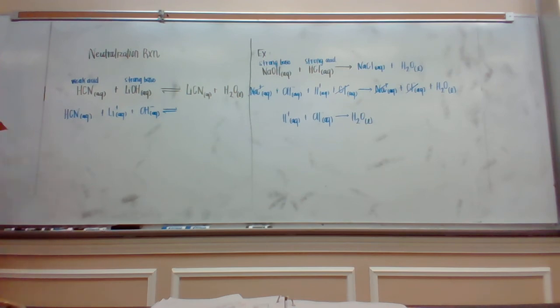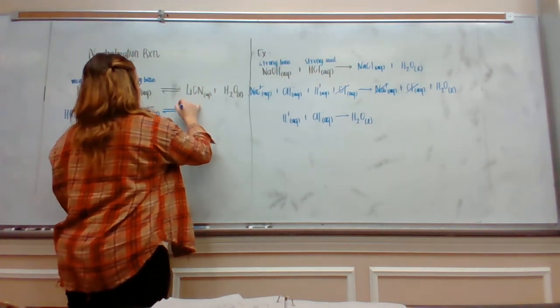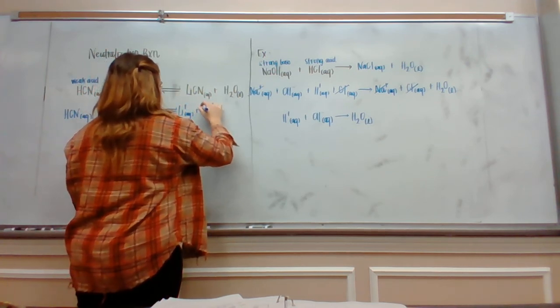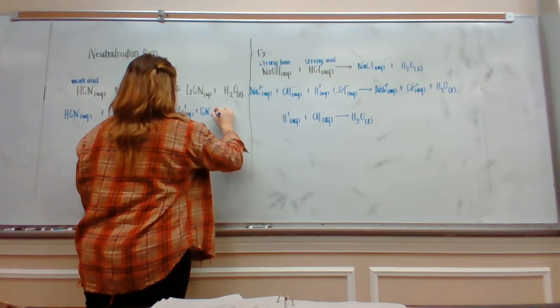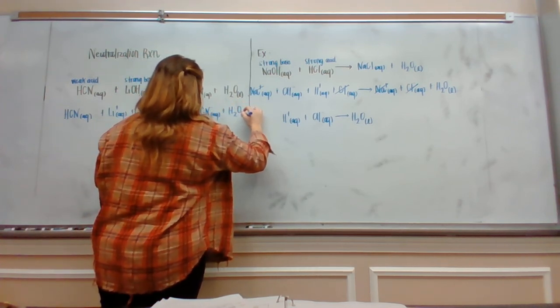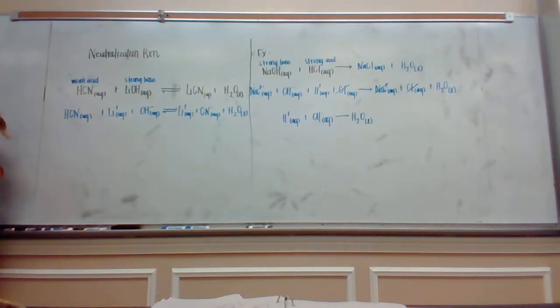Okay, and I do the same thing as I would normally do on my product side. Break up my soluble salt. Leave my water together. It is a pure liquid.